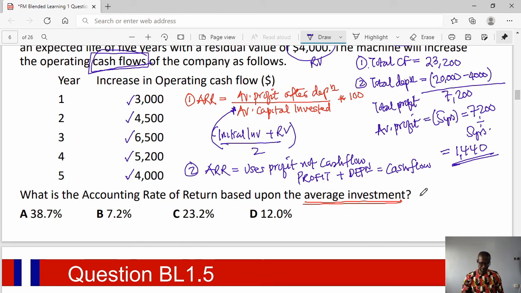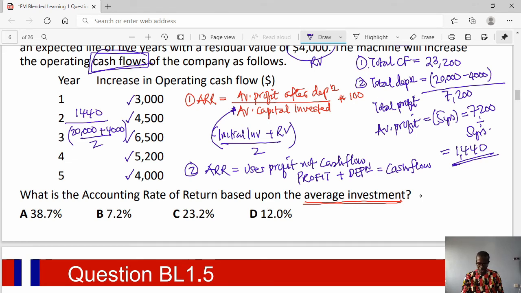Average profit after depreciation, 1,440, divided by the average capital invested, which is initial plus residual, 20,000 plus 4,000, divided by 2. See that I'm using initial plus residual divided by 2 because that is what the formula says. I don't want you to confuse it with total depreciation, or depreciable amount, which is the initial investment minus residual value.